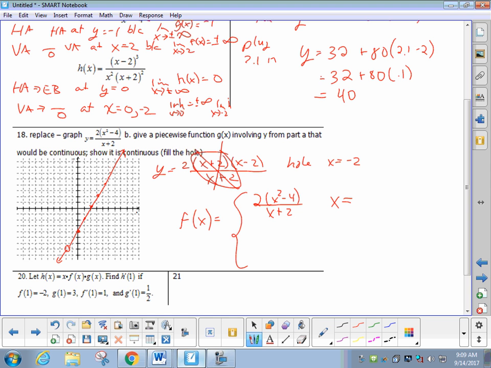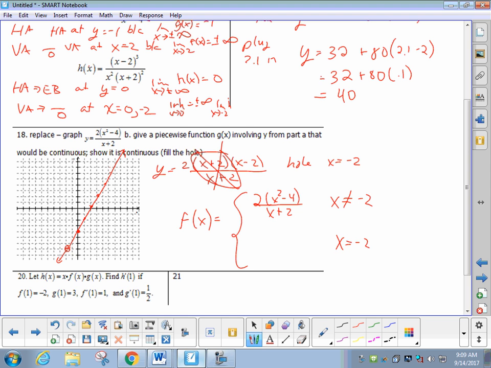The only exception is that that doesn't work at negative 2. And say, all right, now to fill the hole, I need to put a dot there. So when x is negative 2, what does y, or the function, need to be? What y value would fill the hole?